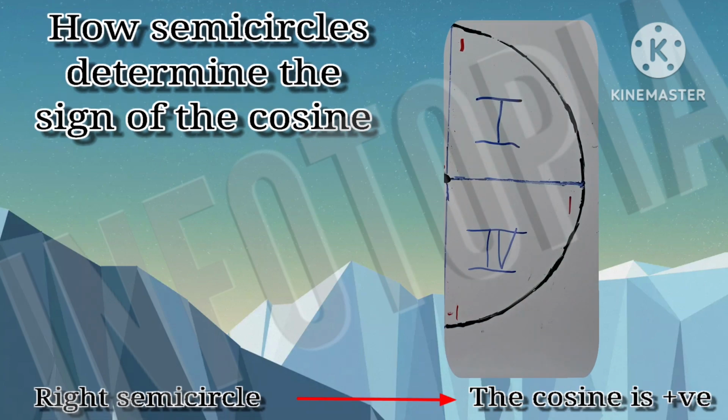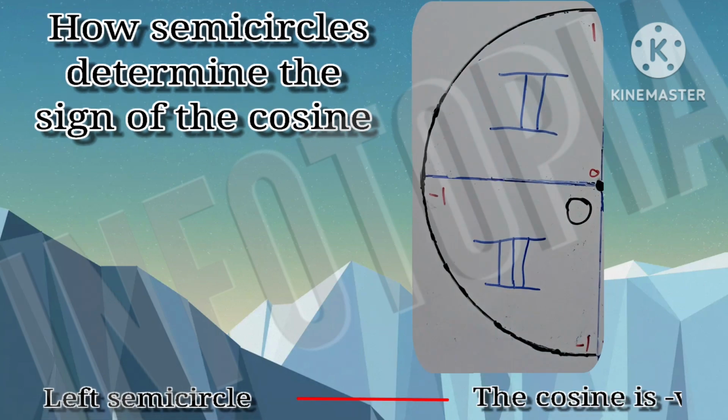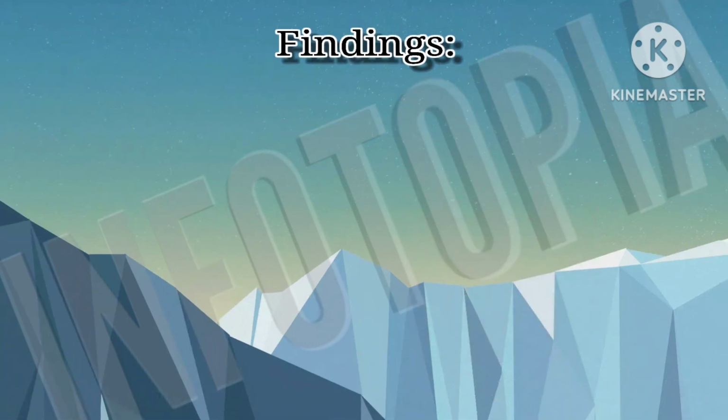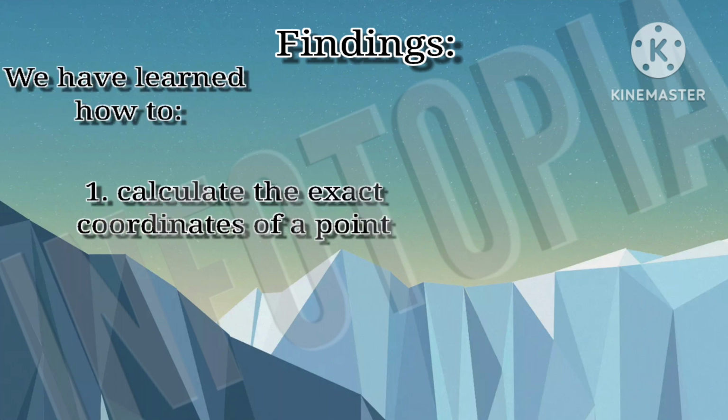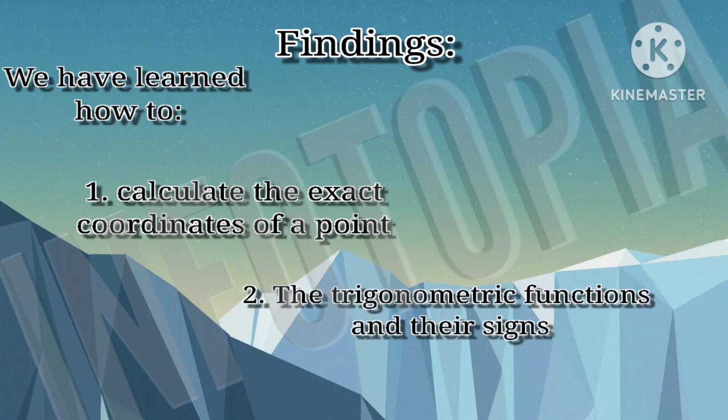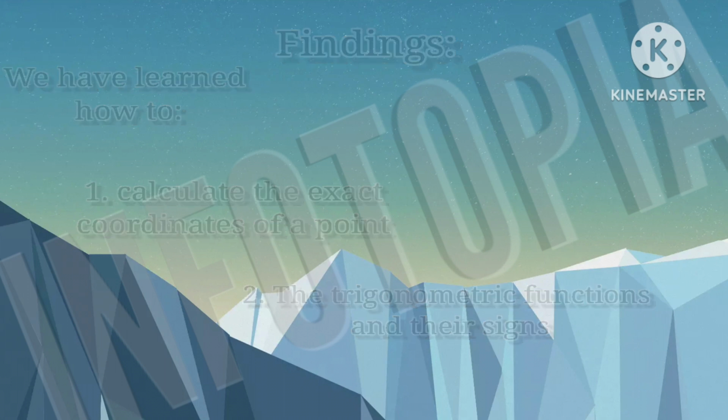In the right semicircle, the cosine is positive, however, on the left semicircle, the cosine is negative. Everything that has been stated facilitates the process of obtaining the exact coordinates of a point in a trigonometric circle, or the functions and their signs, depending on the given and required to prove.